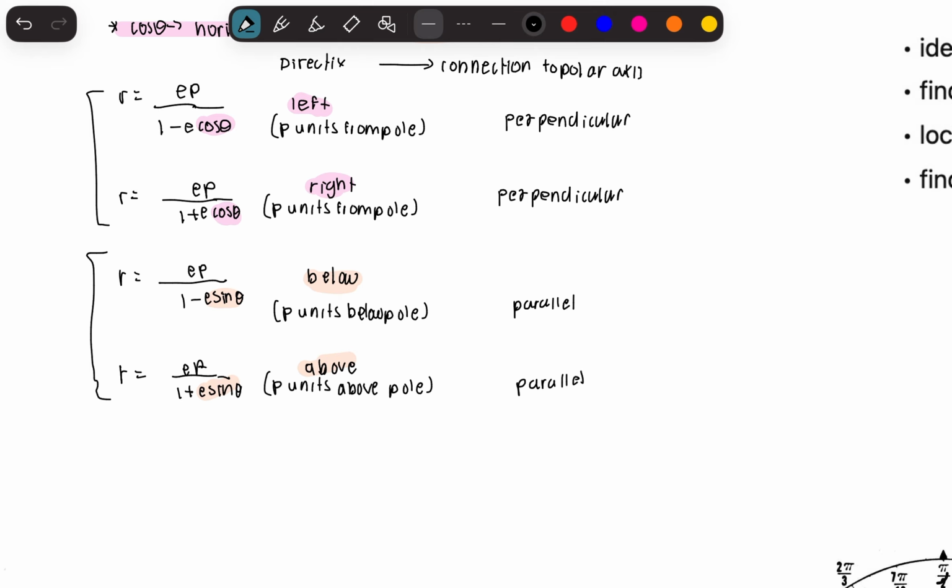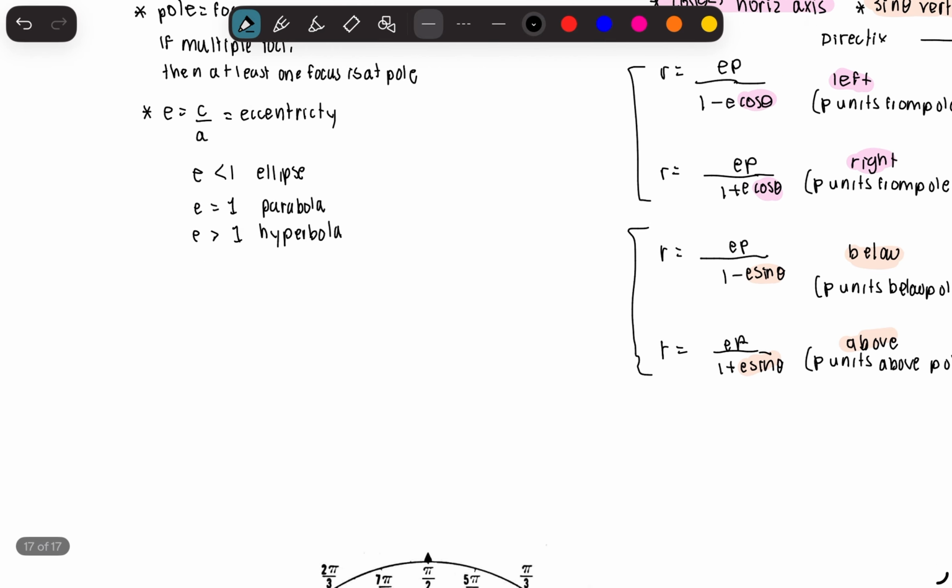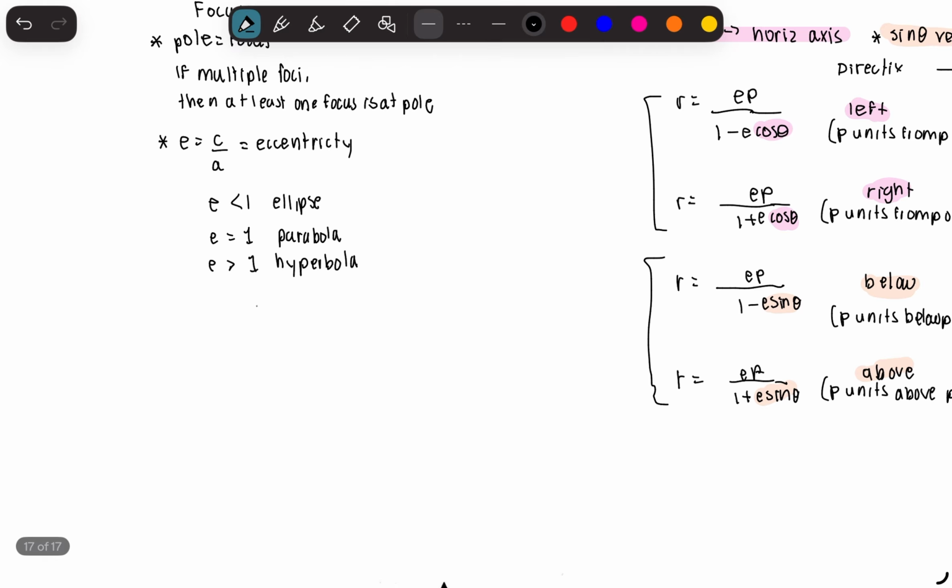Now, for an ellipse, the directrix is perpendicular to the major axis. And for a hyperbola, the directrix is perpendicular to the transverse axis.